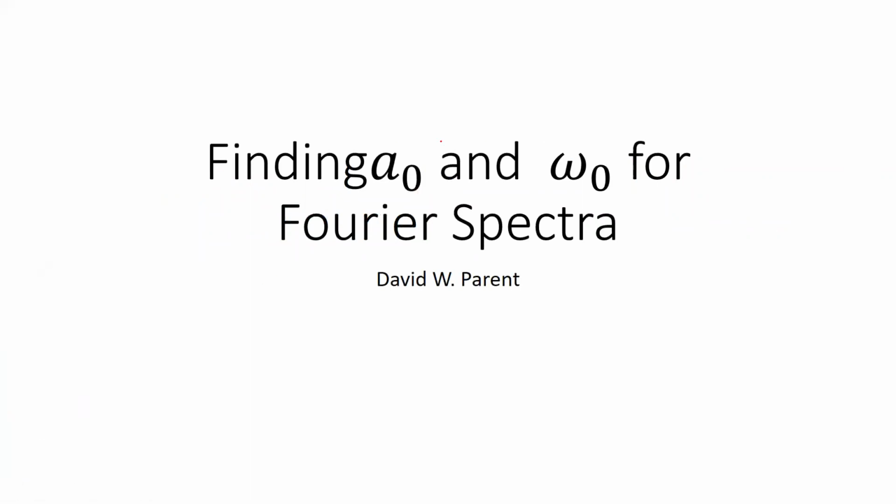So finding AN and A naught and omega naught. So remember, we have A naught plus AN, I think it's cosine, plus BN sine.